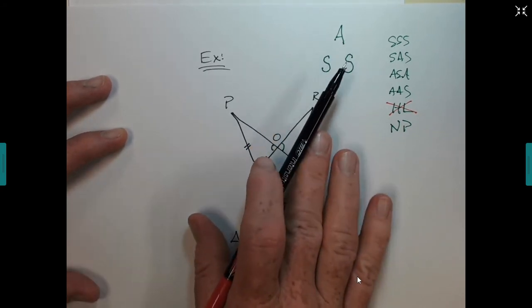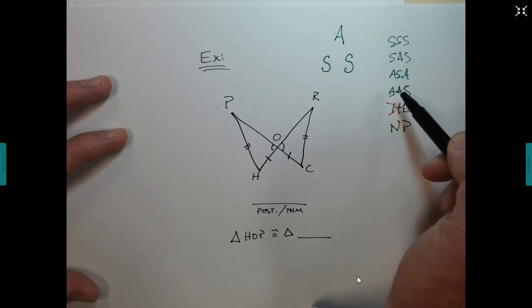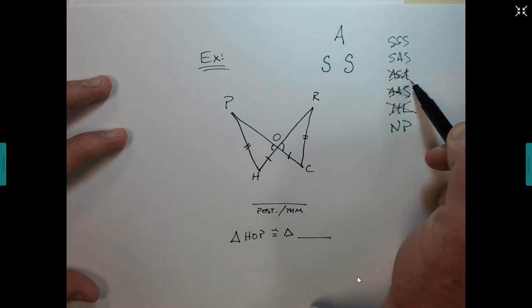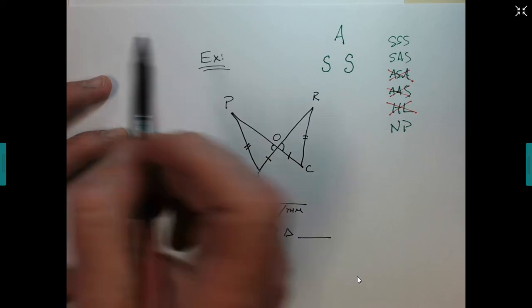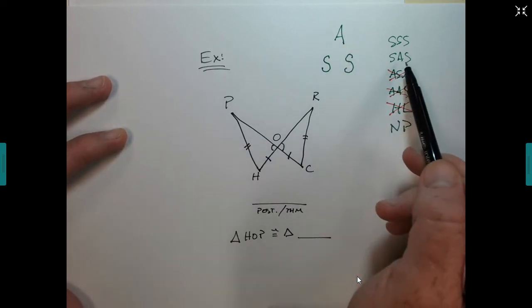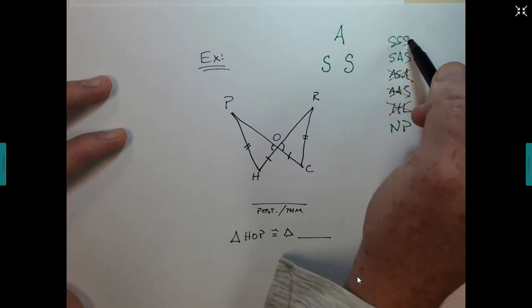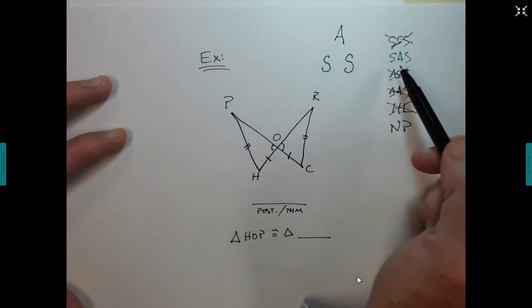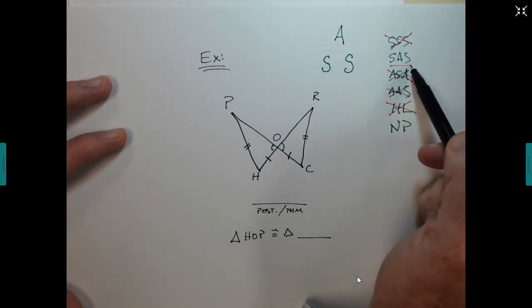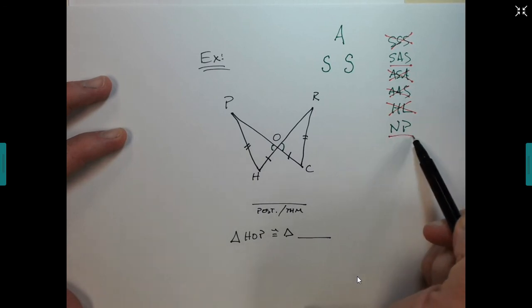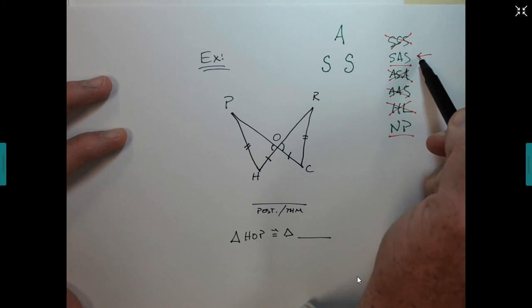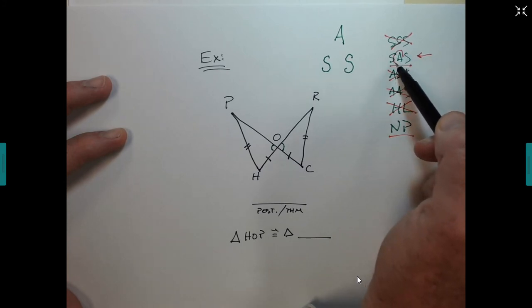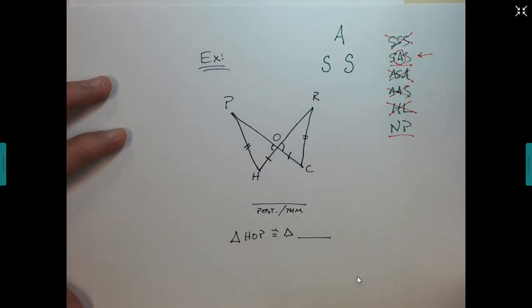I have 1 angle and 2 sides, which eliminates my options that need 2 angles and 1 side. I do have 2 sides and an angle, so this is a maybe, and I don't have all 3 sides. So I have an example of side, angle, side, or I'm going to be choosing not possible. The only time I'm going to choose side, angle, side is if that angle is in between the sides.